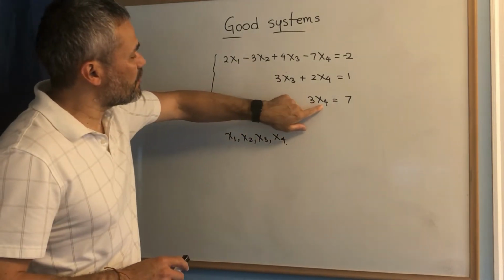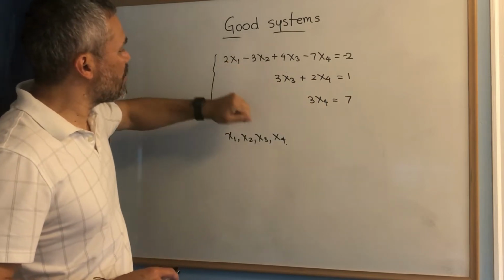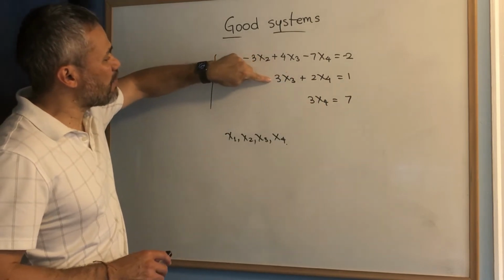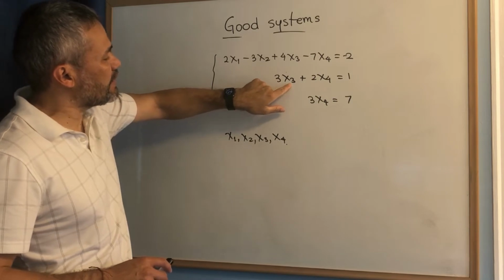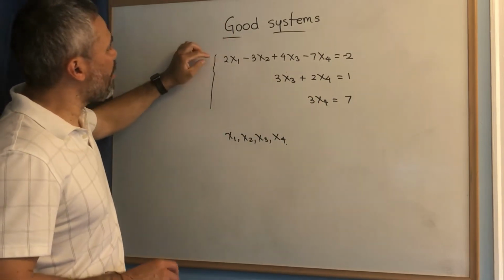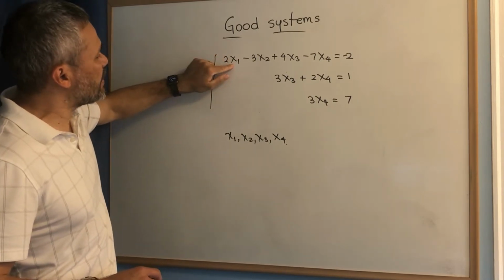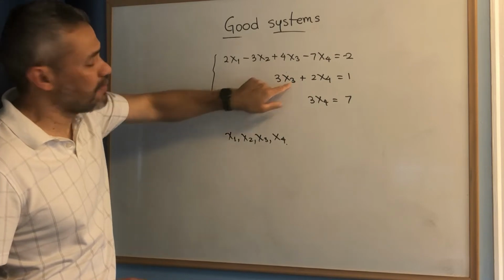Then in this case, the variables are x1, x2, x3, x4, and we can see that the last equation, the first variable that shows up is x4. In the previous equation, the first variable that shows up is one variable with an index that is smaller than x4, and in the equation above, the first variable that shows up is a variable with index smaller than x3.